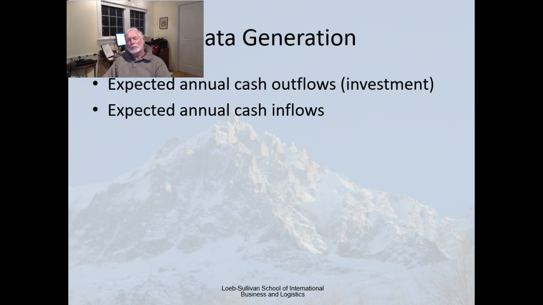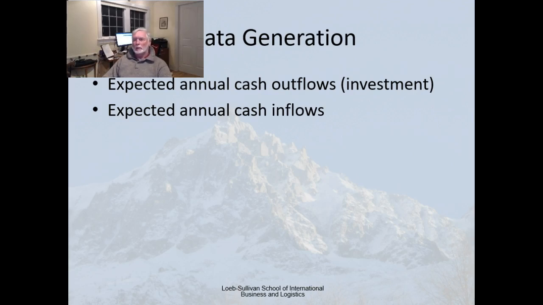What we need in order to make a rational decision is we need to know what the investment is going to cost, and the cost may all come up front or it may come over time. So the expected annual cash outflows, and then the expected annual cash inflows over time as well. So what does that mean? Well, I'm going to buy a truck for $100,000 and I expect that truck to earn $20,000 net after all expenses in year one.